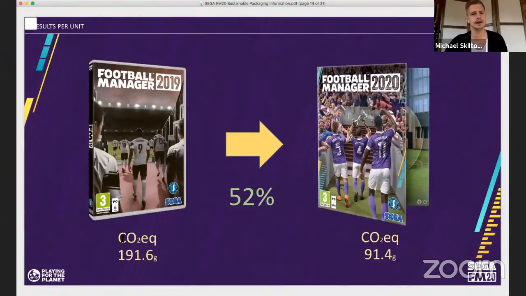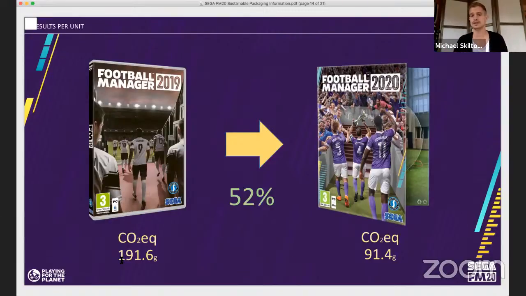Looking at the carbon dioxide equivalency, which essentially is a measure of how much carbon dioxide is generated per unit. Before, with the plastic casing, we're looking at 191 grams of CO2 produced per unit. And on the new Football Manager 2020, you're only looking at 91 grams of carbon dioxide equivalents produced per unit.